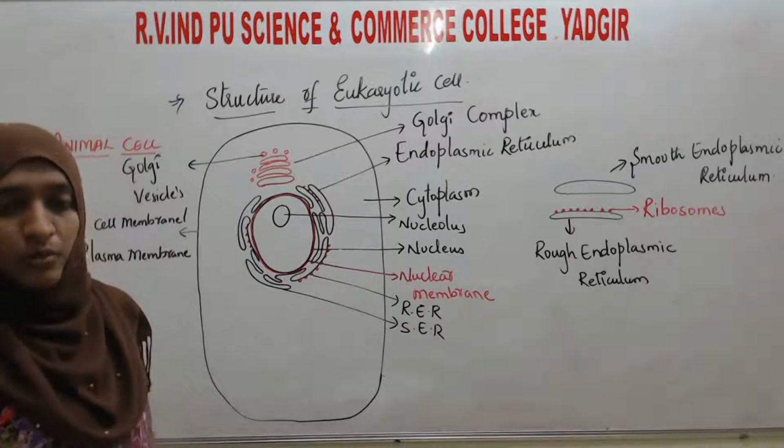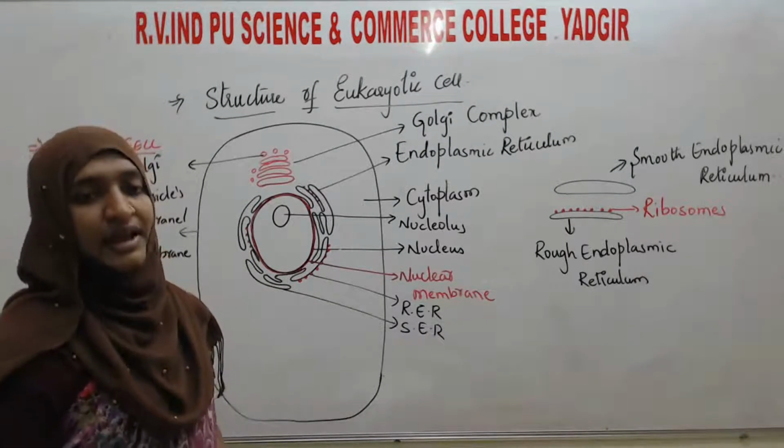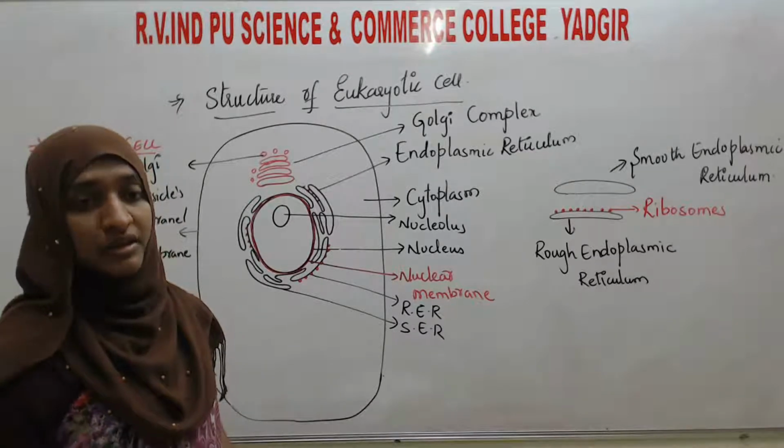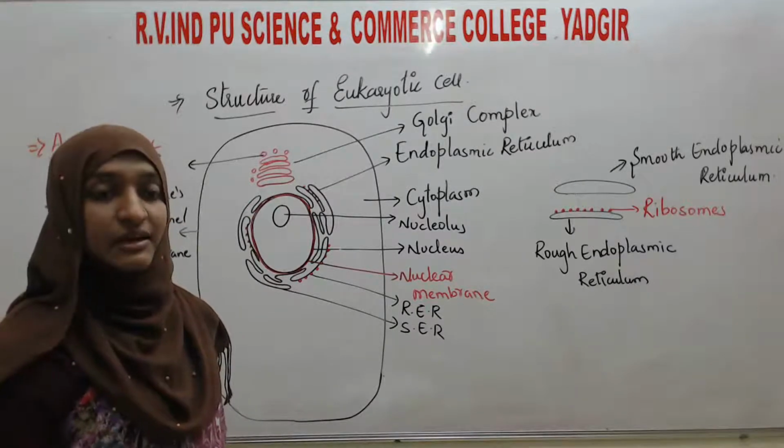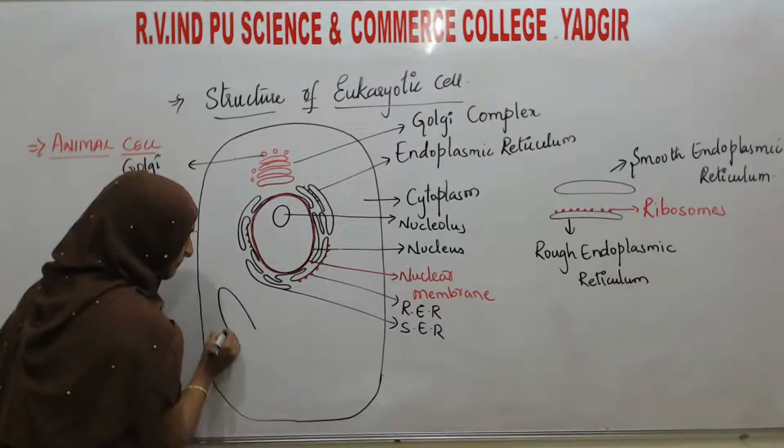Except these, one more cell organelle is there, which is a membrane bound cell organelle and a powerhouse of the cell. What is that cell organelle which is the powerhouse of the cell?